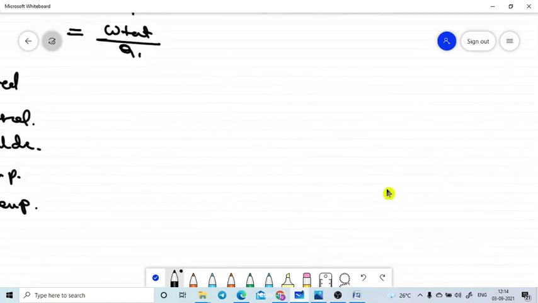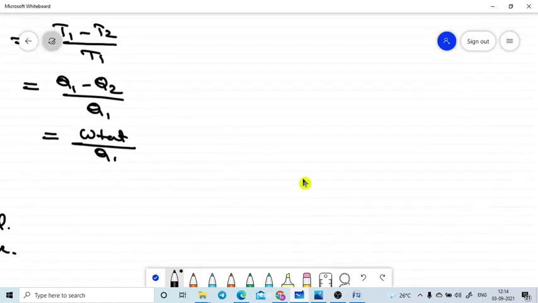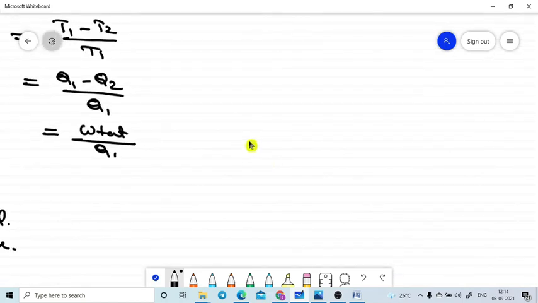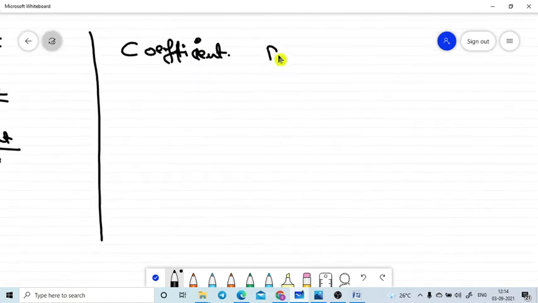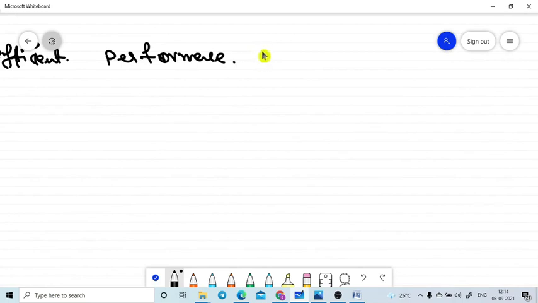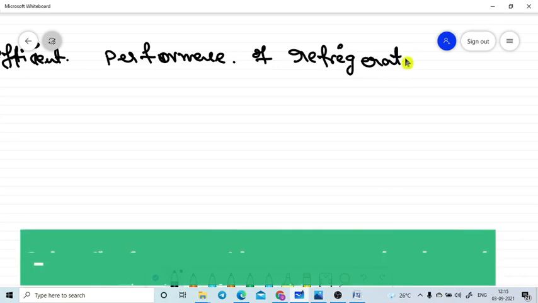Let me write side by side. We know the coefficient of performance of the heat engine, and we have the coefficient of performance of the refrigerator.